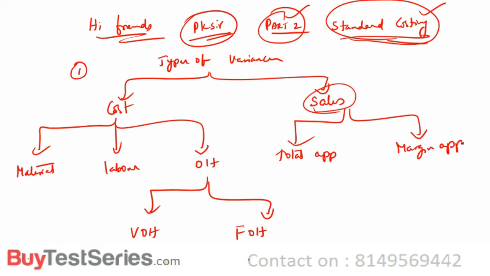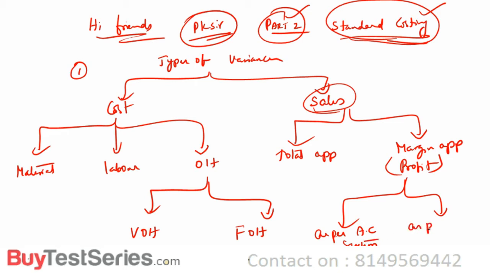You can call it margin approach or profit approach. The margin or profit approach will be further classified into two: as per absorption costing system and as per marginal costing system. You got the point? So this will be the coverage of standard costing, predominantly.